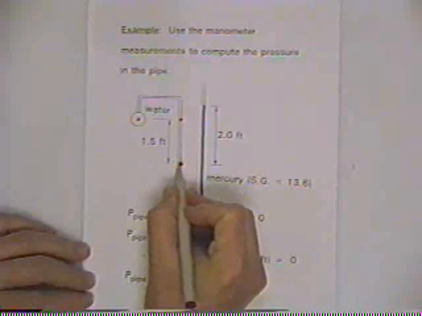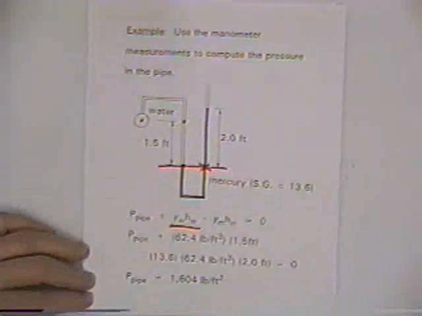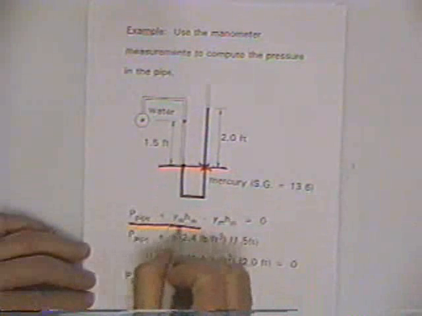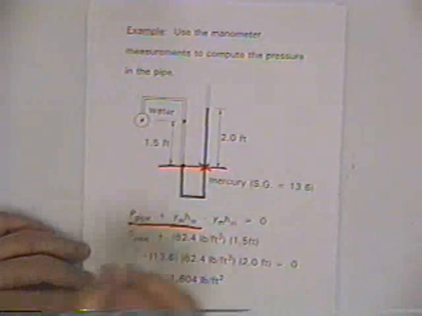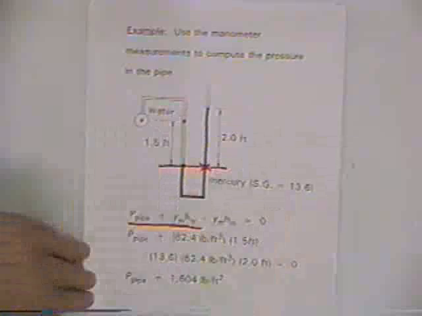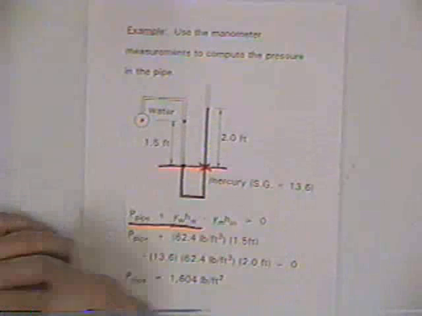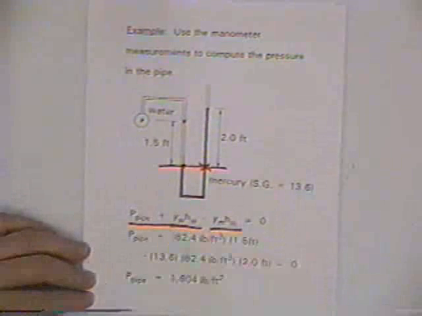Now, whatever the pressure is there, if we go across horizontally to right there, the pressure is identically the same. So we know the pressure there is still that pressure, except now we go up to here. And if we rise, we're taking some pressure off because we've got this 2-foot column of mercury, and so we need to subtract that off.